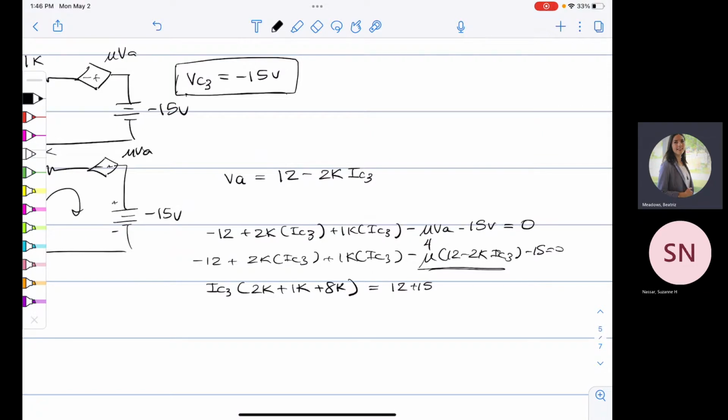And then our last one from this thing. So the 2K is just for this part. So it's just going to be 4 times 12, so negative 48, which we shift to the other side, so we'll get plus 48, right? So what should be our IC3 at this time?